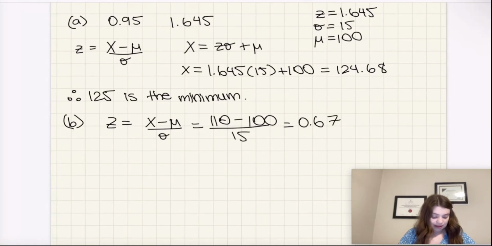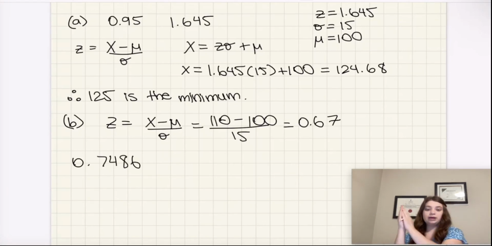And then I'm going to look at the z-score table and find what probability corresponds with 0.67. The probability that corresponds with that is 0.7486. However, keep in mind that's everyone who is at 110 or less than 110, right?